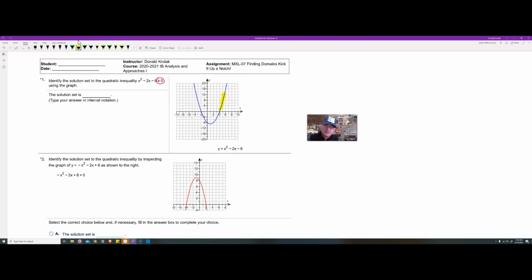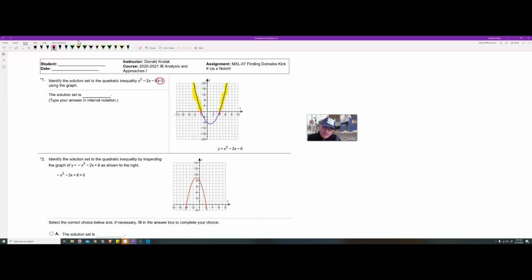So this portion of the graph is above the x-axis, and so is this portion. So you want to describe the x-intervals where that graph has these two pieces in it. Now the graph is equal to 0 right at these x-intercepts.